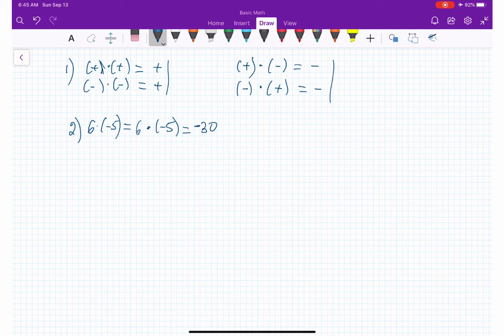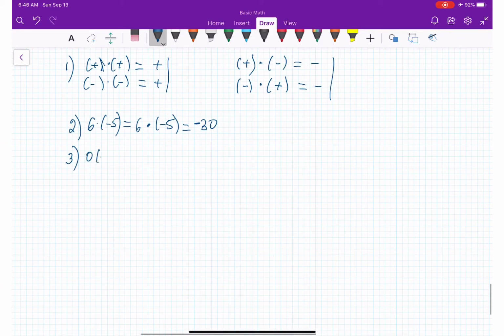Next question. 0 times negative 49. So that's the same thing, 0 times negative 49. So any number multiplied by 0 is 0. Question number 4.